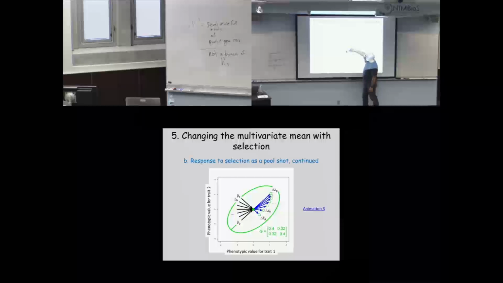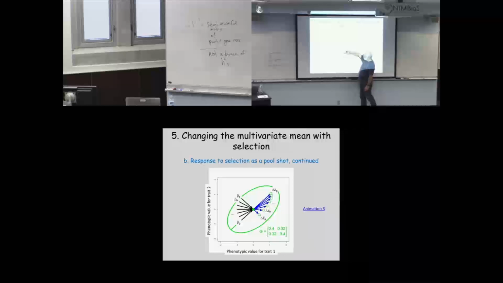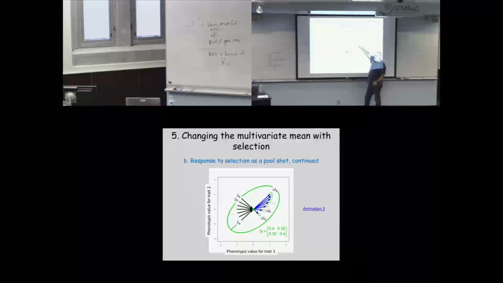So here's the response that goes with that vector, all the way out to the response for this vector. Now notice a couple of interesting things. When the direction of selection is aligned with the eigenvector, the minor or the major eigenvector, the second or the first, you get a response in the same direction as the selection. But otherwise, you do not.